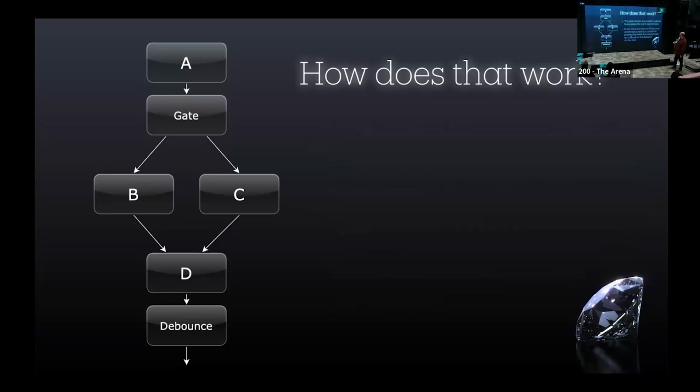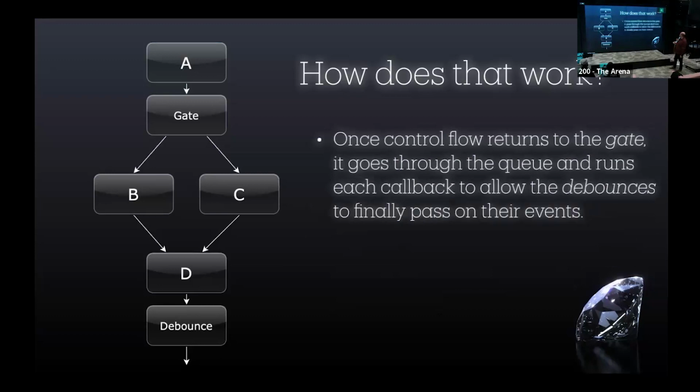And so once the control flow, like as in the earlier case, once the gate has finished sending its data on towards everything, and we have finished and we're back executing code at the gate again, then it will go through the queue and call each callback there so that the debounces will finally send their values onwards.